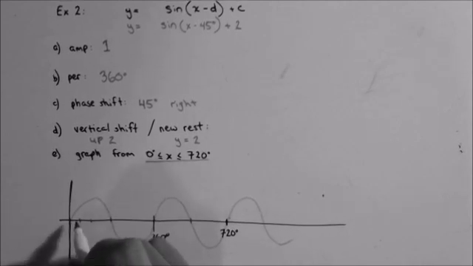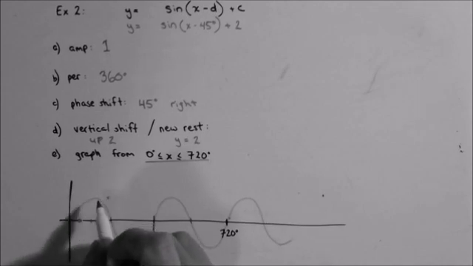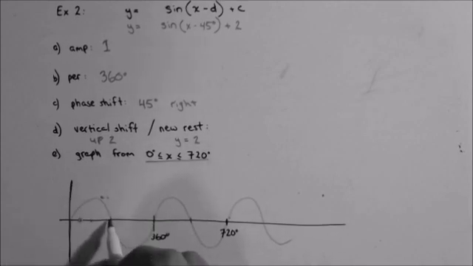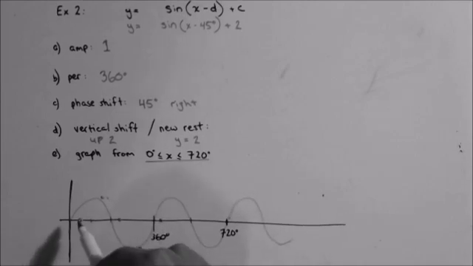So basically all I'm doing is I'm pushing this key point 45 to the right. I'm pushing this key point 45 to the right. Okay, that's actually not a very good drawing. It should be there. I'm pushing this key point 45 to the right. Okay, you see what's happening here?